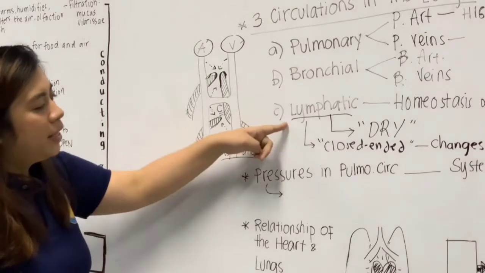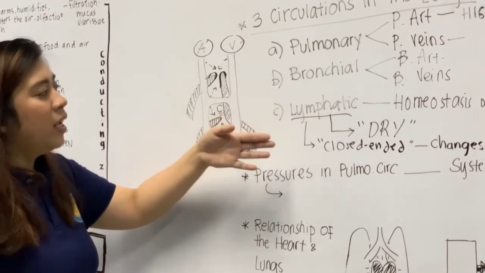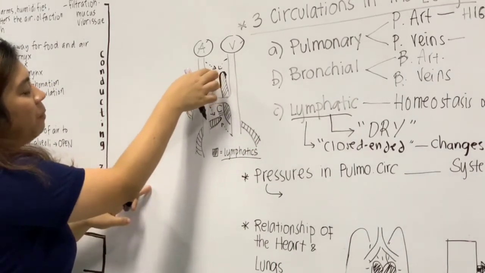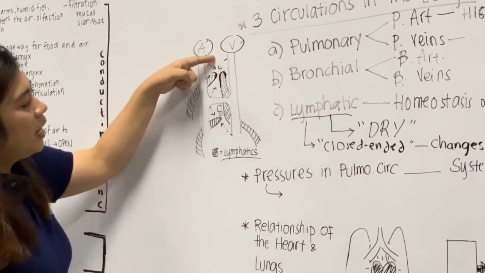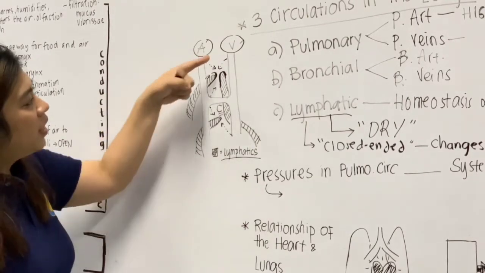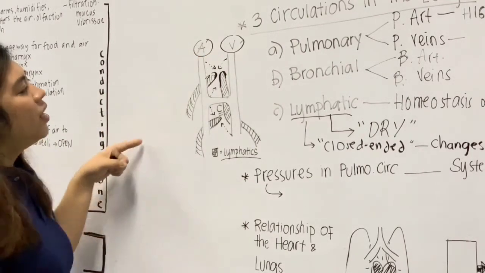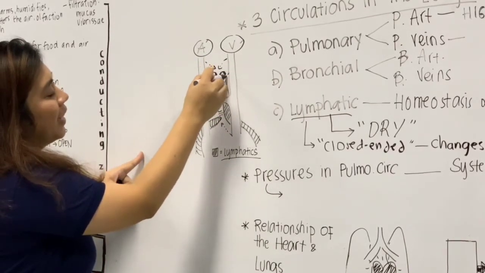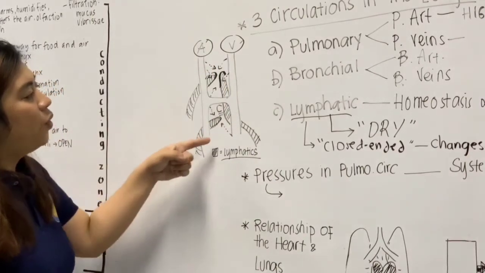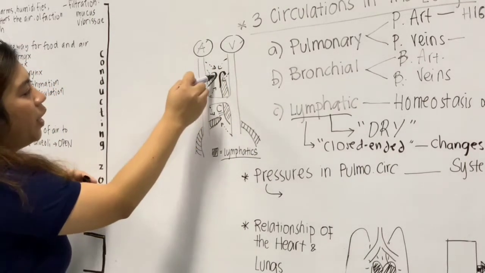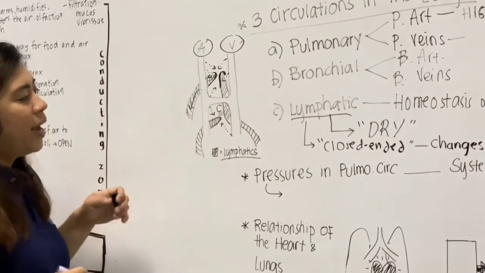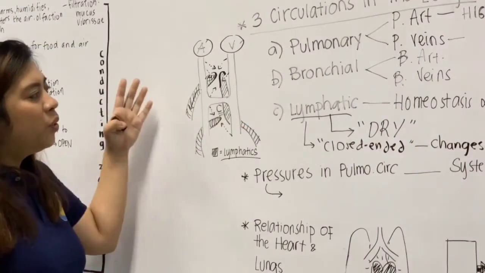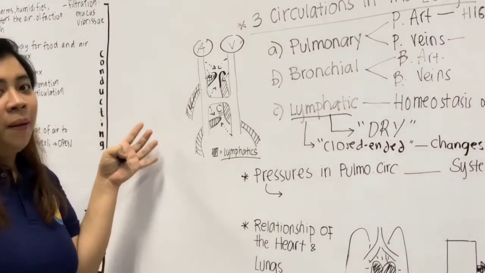What your lymphatic system will do, specifically and especially in your lungs to keep it dry, is that your lymphatic vessels will open, because the pressure in the interstitial space is higher since particles have leaked. Your lymphatic vessels will open and take in all those extra particles and fluid. And eventually, it will drain it. It will pass through your entire lymphatic system. But don't worry, we'll discuss more about this during your midterms.